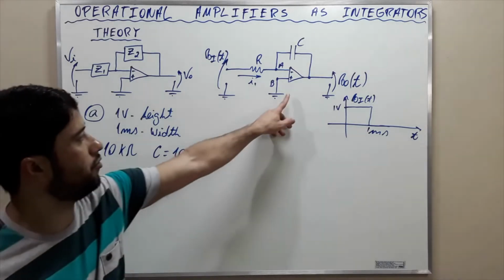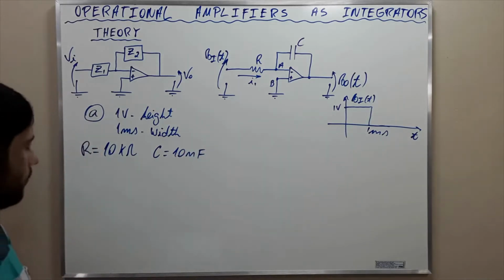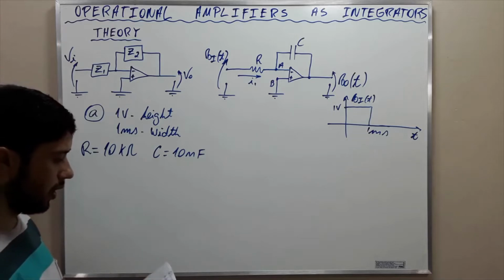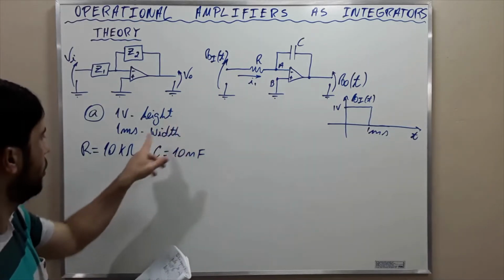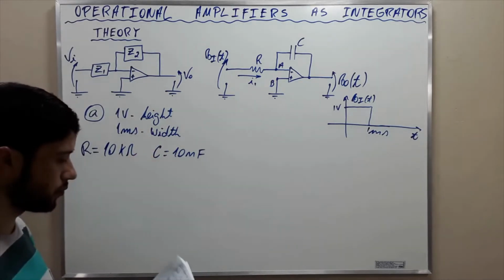We are going to use this circuit here. Okay, in letter A, we want a response for a 1 volt, 1 millisecond voltage pulse.